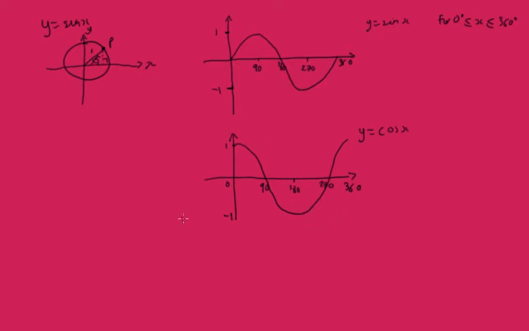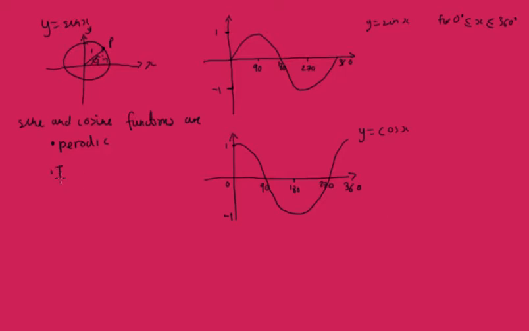You can continue both of these graphs, and the periods of them will continue. They will repeat in the same way in the x positive and in the x negative direction, because both sine and cosine functions are periodic. They keep repeating themselves.